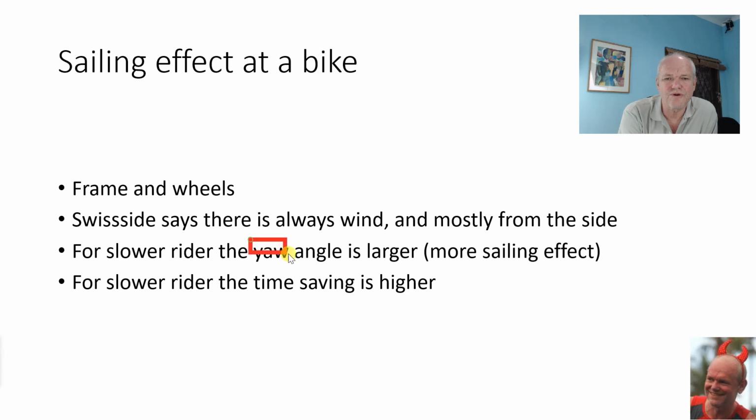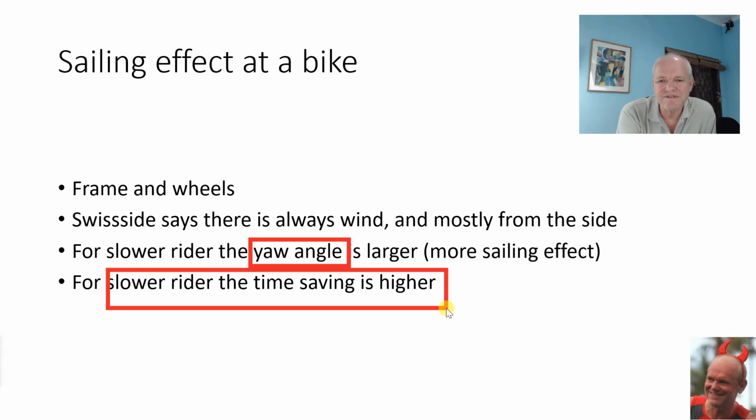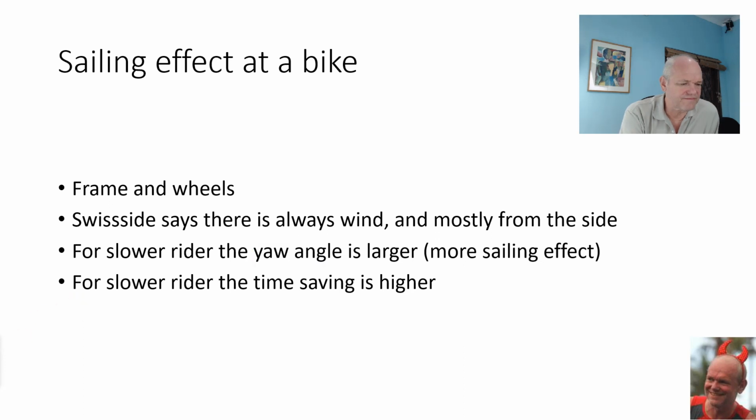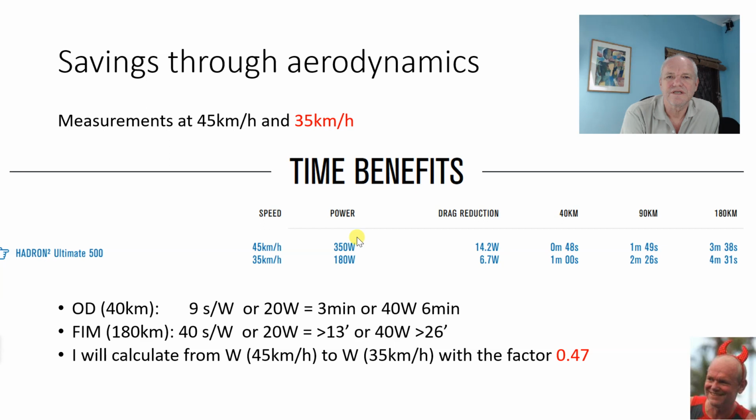So the yaw angle is larger for slower riders like me and maybe also you, and very interesting, for slower riders the time saving is higher, and that I would like to discuss with some data in the next sheet. So here we have the saving through aerodynamics.